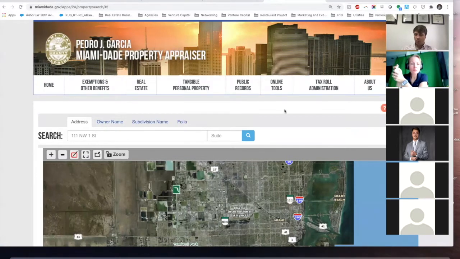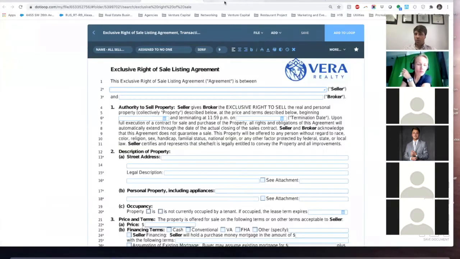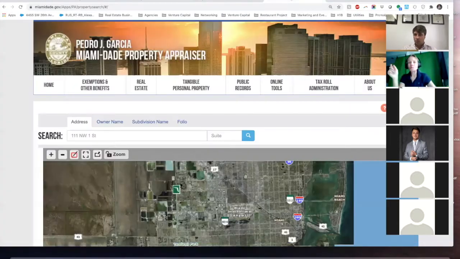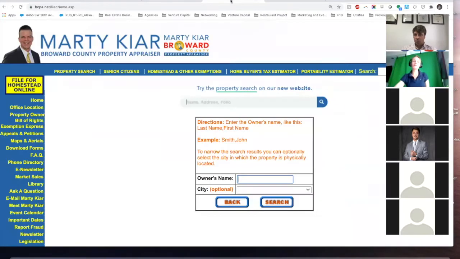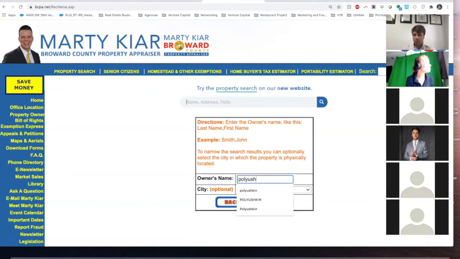I can help you to do that, or I can use something which I know. So let's do an example of a listing agreement for, let's do this one. Or actually, let's do my property.